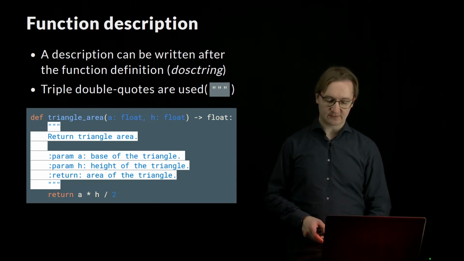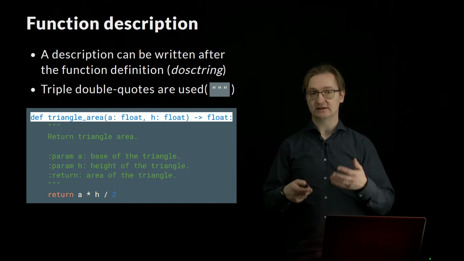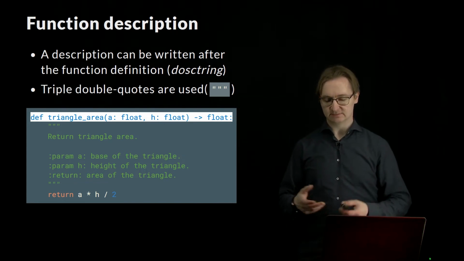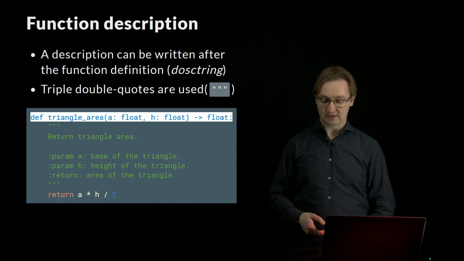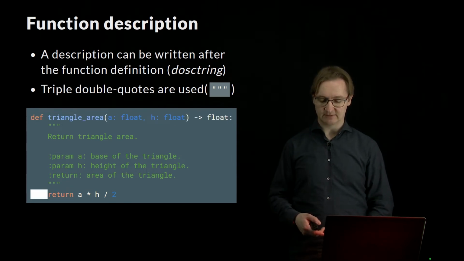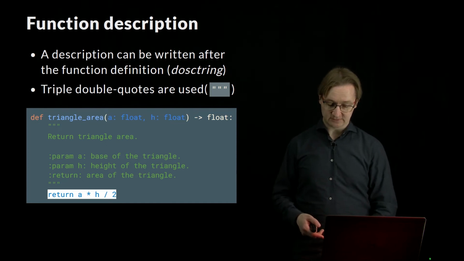You can see we first define the function as we have done so far, and the next line is the docstring, and it can be several lines long. After the docstring we can have the body of the function. So the docstring starts with triple quotes here and ends with triple quotes here.